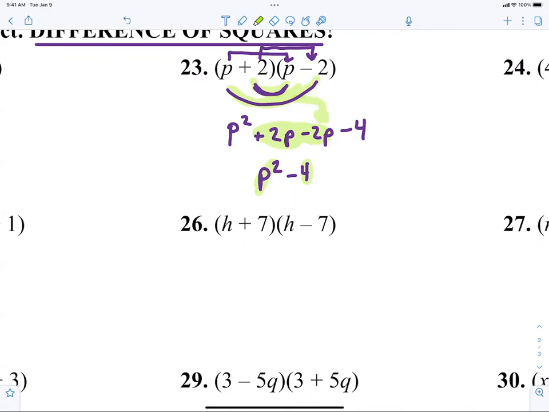Is it a difference of squares because this can't go out? Well, it's really the difference of squares because p squared is a perfect square, 4 is a perfect square, and there's subtraction between them. Why is it subtracted? Because a positive times a negative is a negative. That's where I got the -4 from.